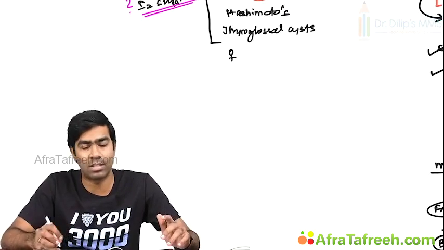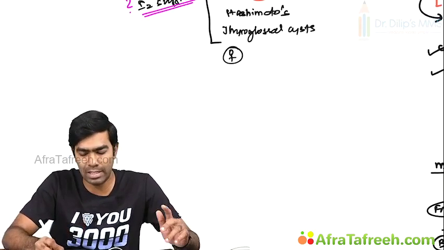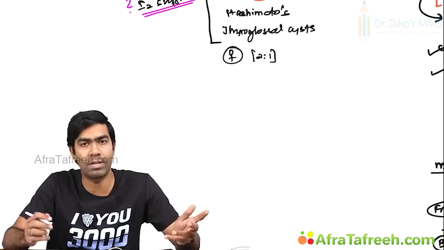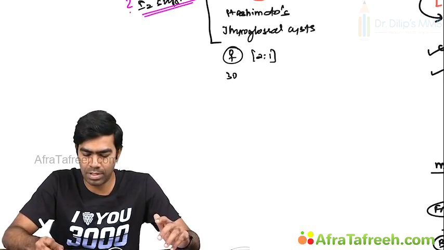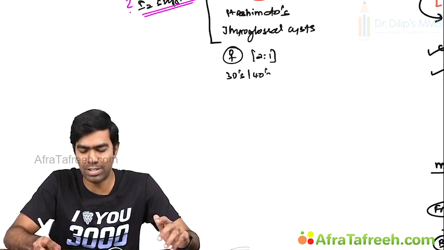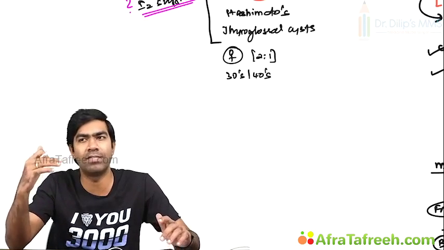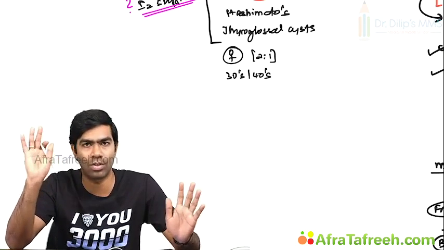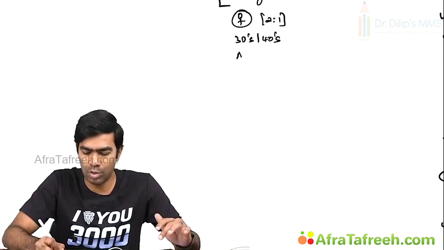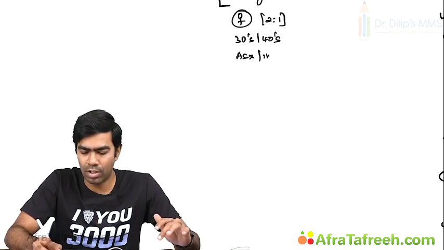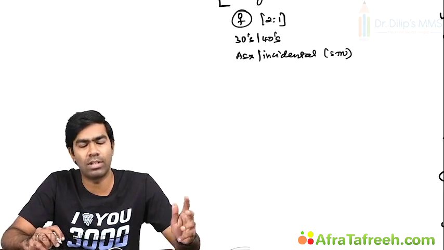And it is common in females. The female-to-male ratio is approximately 2:1. At the same time, it happens in the age group of 30s and 40s. A typical exam case is a middle-aged female with a solitary thyroid nodule. Very typical. The presentation is usually asymptomatic or incidental, or the patient may come with a solitary thyroid nodule.